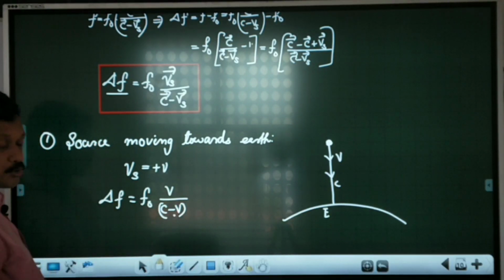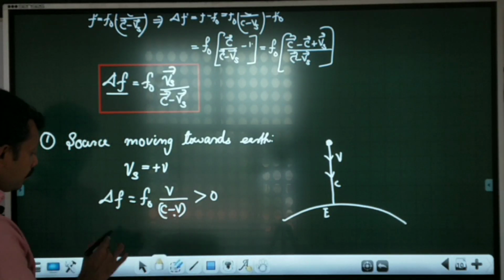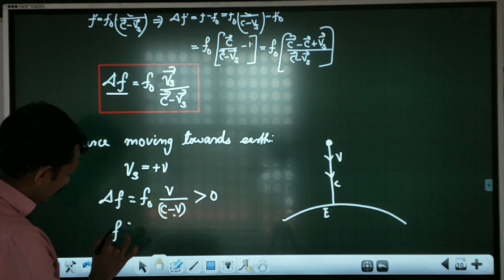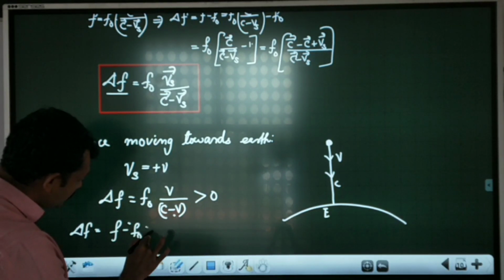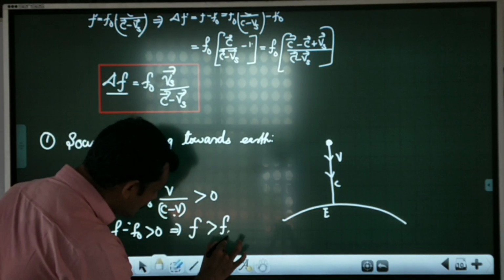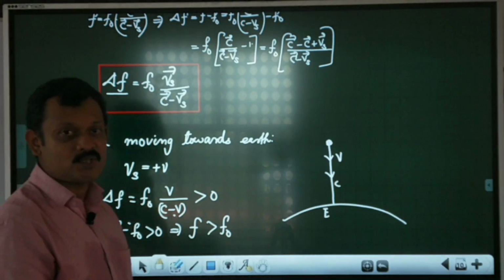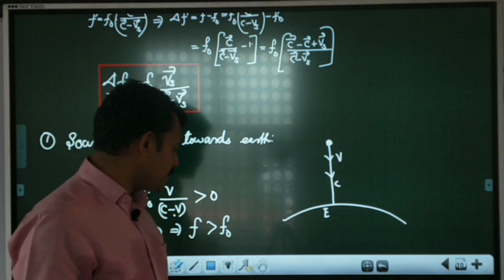Now c minus v is positive, so delta f is greater than 0, which means f minus f0 is greater than 0. The observed frequency is greater than the actual frequency.